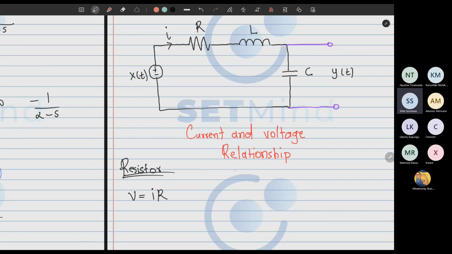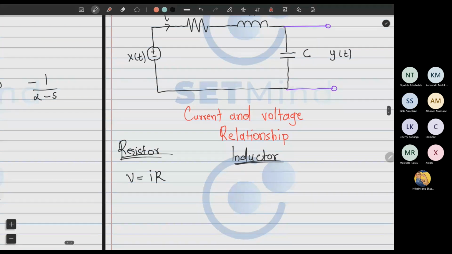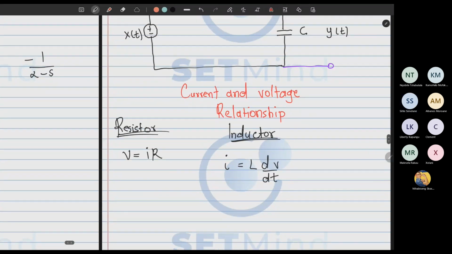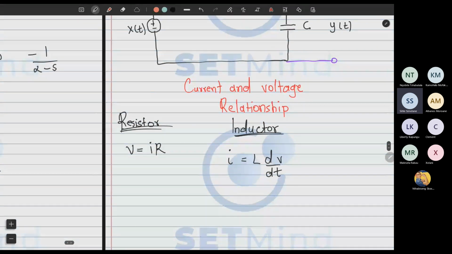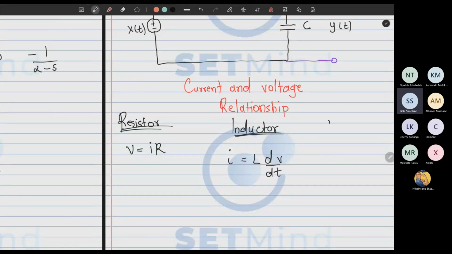And if we look at an inductor, how is the voltage related to the current? The voltage across an inductor is given by the inductance times the derivative of the current with respect to t. So we already have derivatives now, which means maybe a differential equation will pop up, but let's see. And then we're looking at a capacitor.